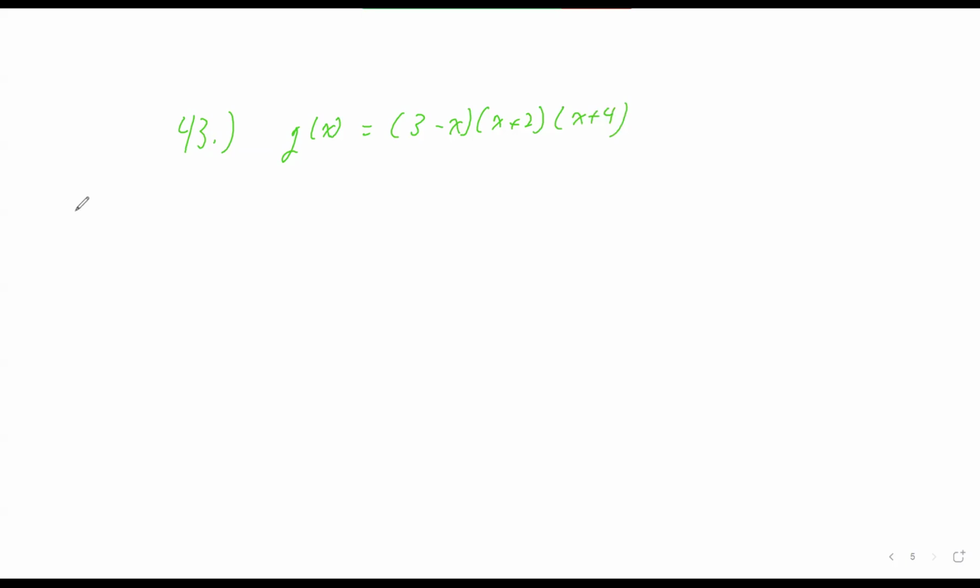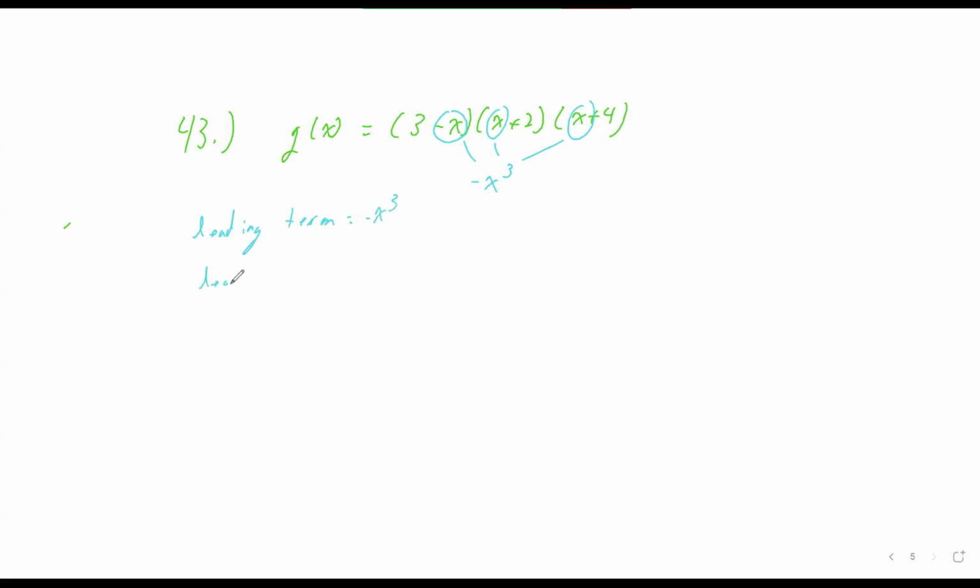So again, I need to do the leading term first. So in this case, negative x is the leading term of this polynomial, because again, it's bigger than a coefficient, and then x and x. So that right there will just give me negative x cubed. So my leading term is negative x cubed.